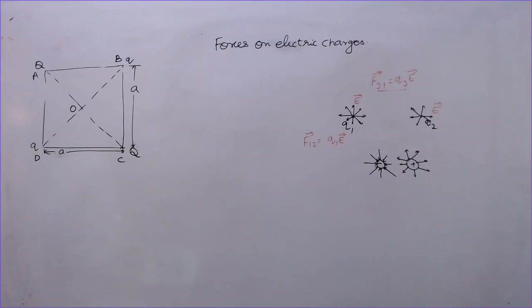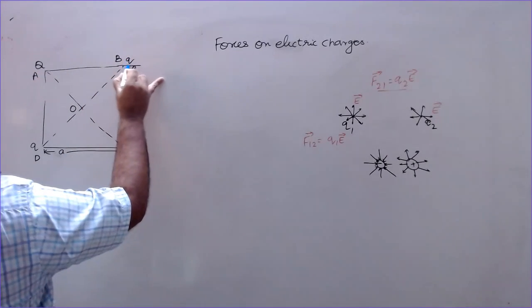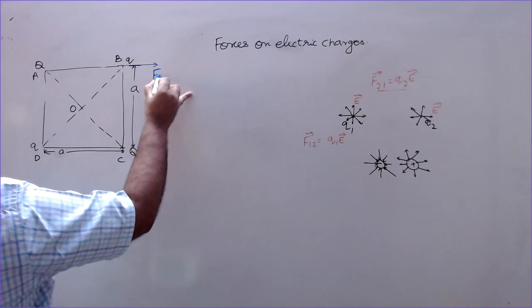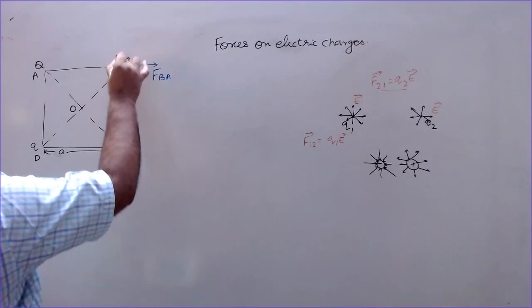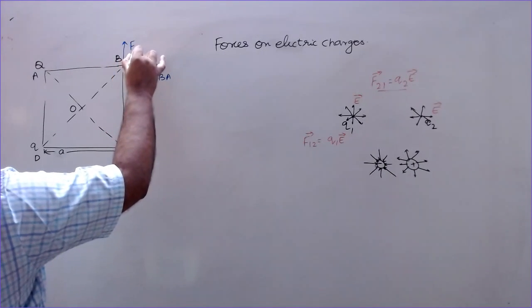If you take the charge kept at corner B, what are the forces acting? This charge is applying a force on this in this direction. And this is FBA, repulsion. Similarly, this is repelling this in this direction, FBC.